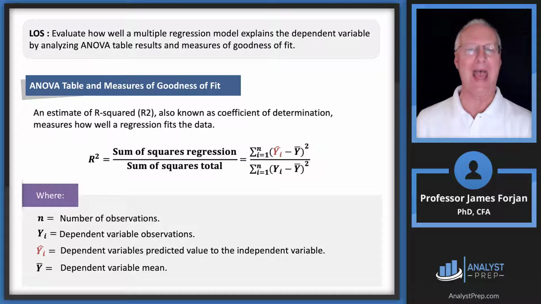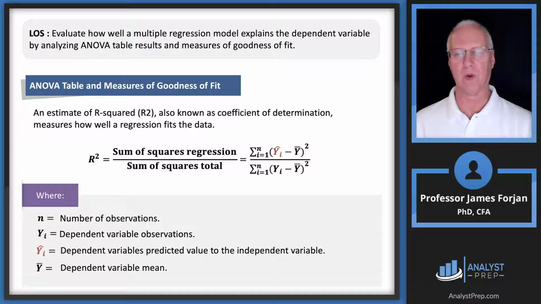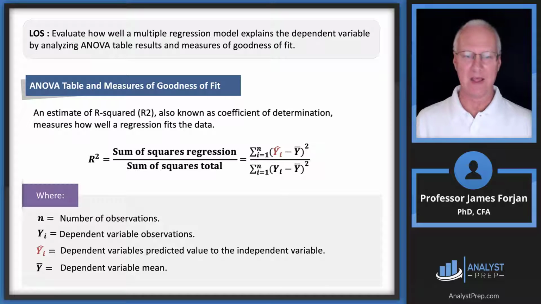There's the y hat, and we have it in red, and then of course we square it, because sum of the squares, that's what the definition is. And then in the denominator, all we're doing is taking the same difference between the dependent variable mean, y bar, and the observed dependent variables, right? So total over just the regression model. So this is kind of a measure of goodness of fit.